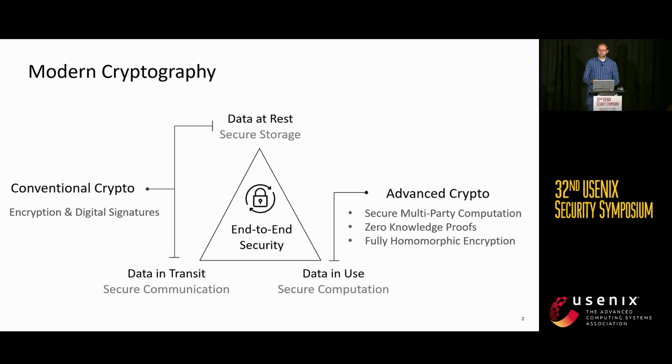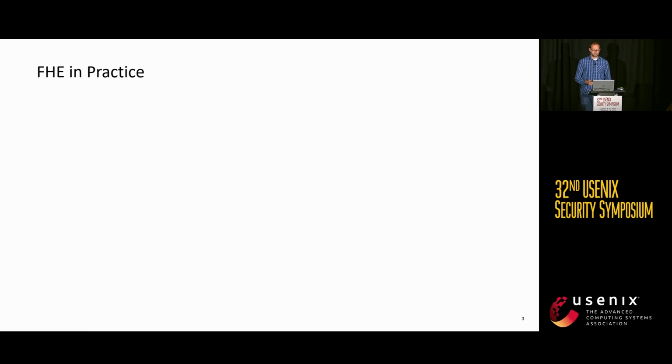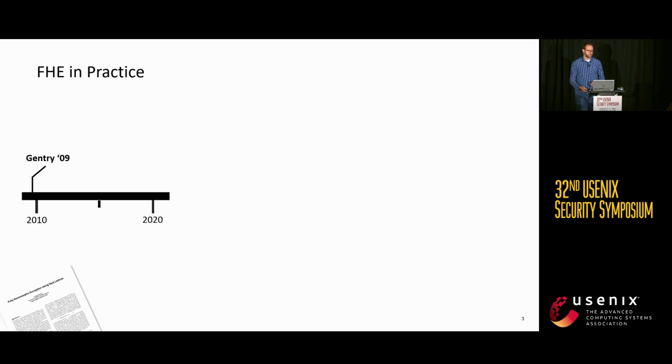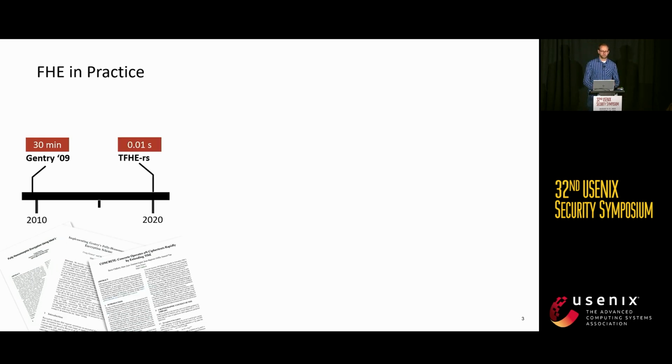And while FHE is frequently still considered too impractical for applications, this is no longer true. Over the last decade, for example, we've seen a several order of magnitude speedup, starting with the first implementations taking about 30 minutes to perform a single bit multiplication, to now being at a point where we can do this in a few tens of milliseconds.